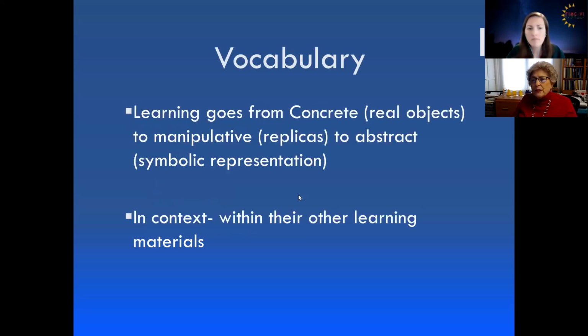From the time kids are really, really little, we need to make sure that our vocabulary is very clear and very oriented to what they physically are going to be seeing, what they're going to be touching, what the textures are, the names for those textures, because learning goes from concrete, real objects, to manipulatives, to replicas of the real objects, to abstract, which is the symbolic representation.